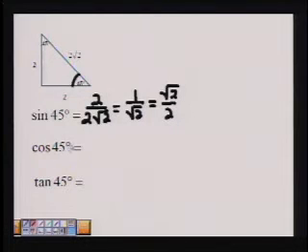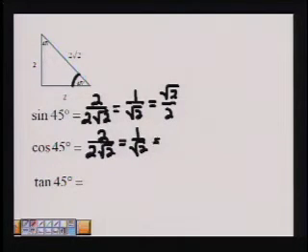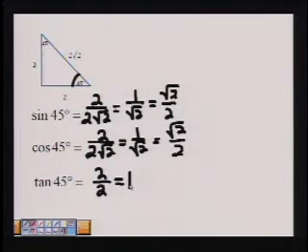The cosine of 45 degrees is going to be the adjacent side over the hypotenuse, which also simplifies to 1 over radical 2, or radical 2 over 2. Now the tangent would be the opposite side over the adjacent side, which again equals 1. Notice that these are the same values.